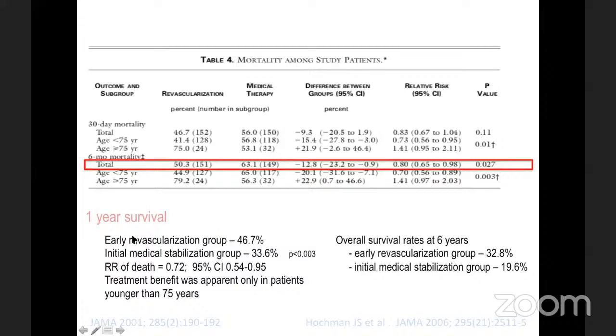The survival rate at one year was 46% in the early revascularization group, compared with 33% in the initial medical stabilization group, which is a significant difference. And the overall survival rate at 6 years was 32% in the early revascularization group and around 20% in the medical stabilization group, which is also a significant difference.